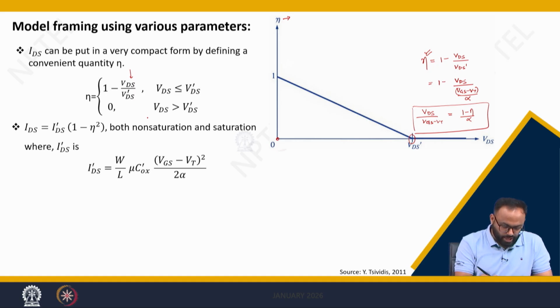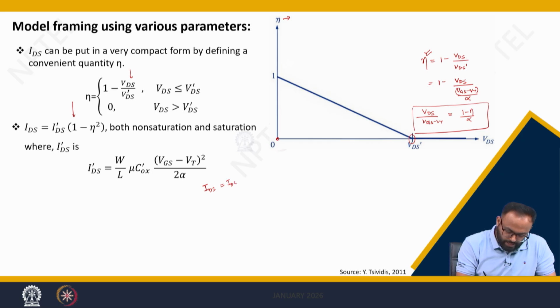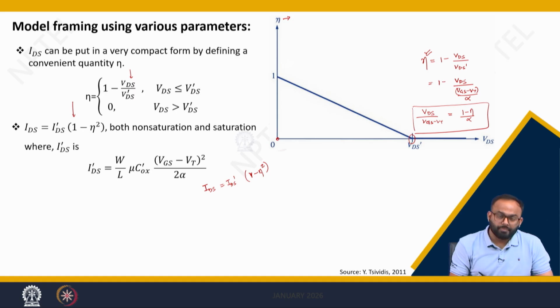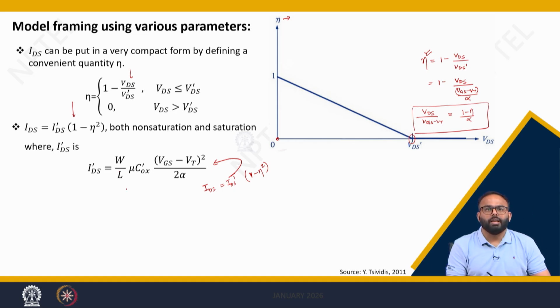Let us check whether this eta equation is simplifying our model or not, meaning I can simply replace IDS equals IDS dash into 1 minus eta square, where IDS dash is the saturation current equation, which is given by W by L mu into COX dash, VGS minus VT whole square divided by 2 alpha.